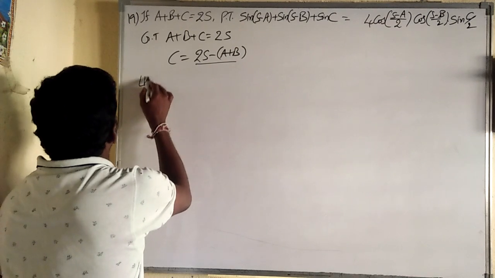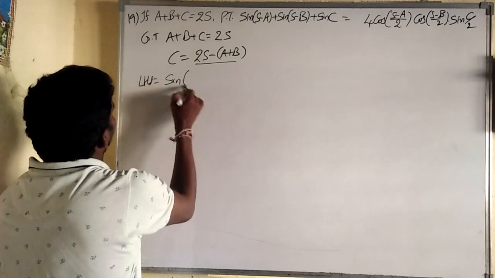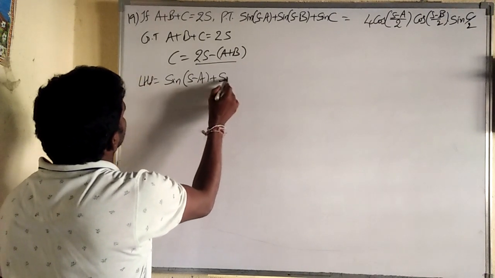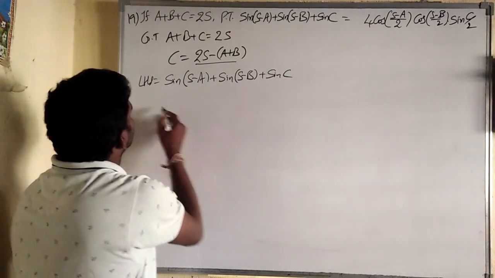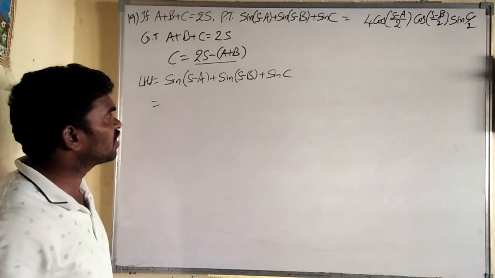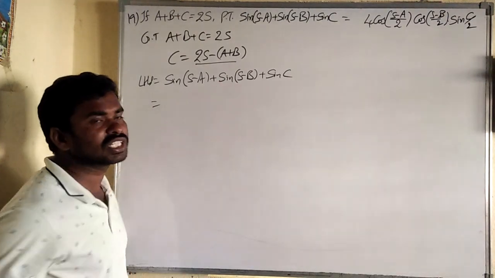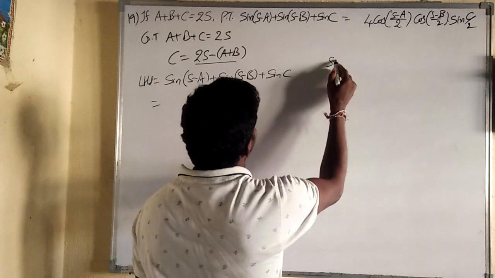Take the LHS, the left hand side, that is sin (s minus A) plus sin (s minus B) plus sin C. For the first two we can apply sin C plus sin D. What is the sin C plus sin D formula?